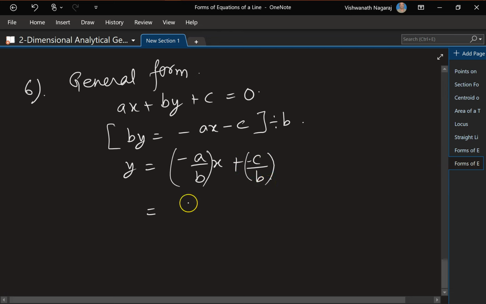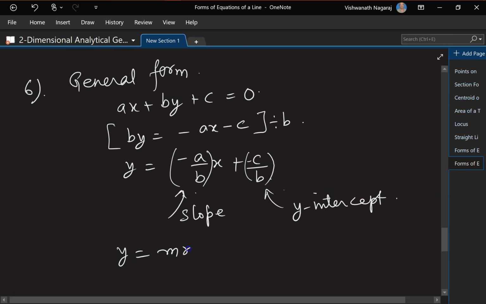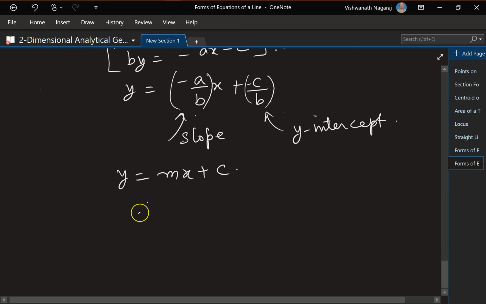Here, if you notice, this is the slope and this is the Y-intercept. So this is in the form y is equal to mx plus c. So therefore it is a straight line.